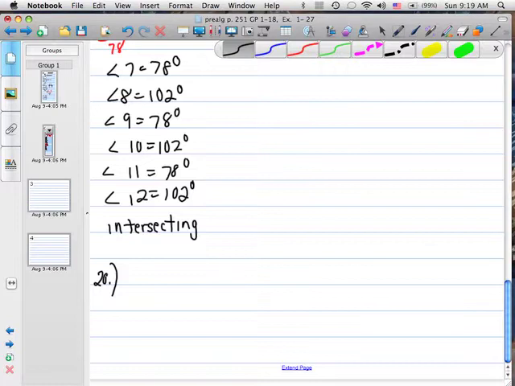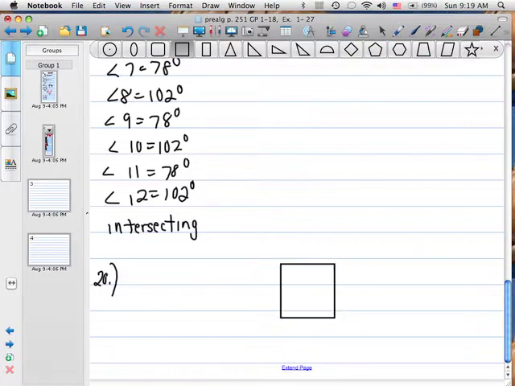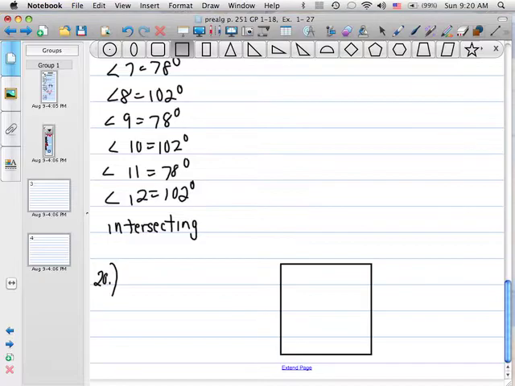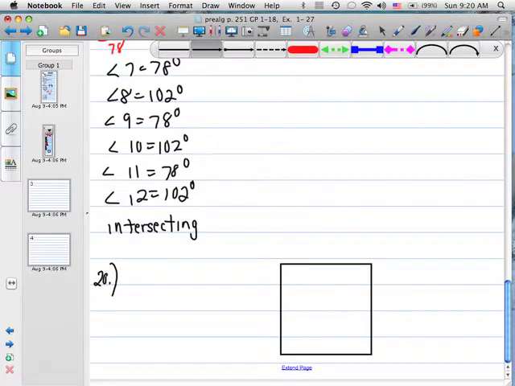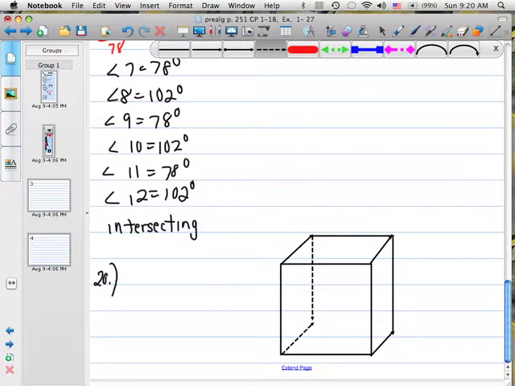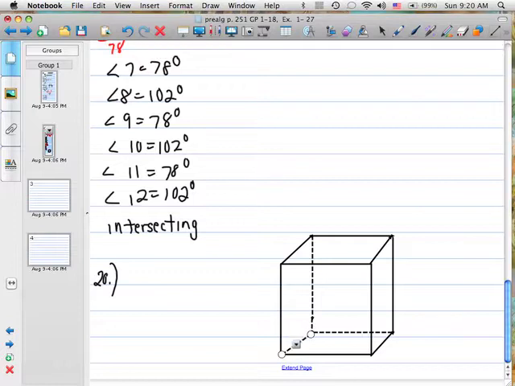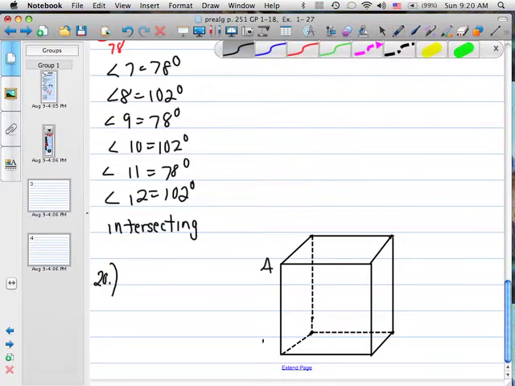Okay, so if I draw a box, and I'm going to label it A, B, C, D, E, F, G, H.